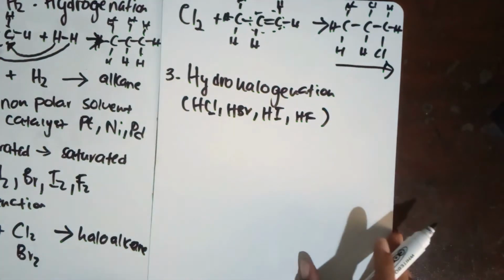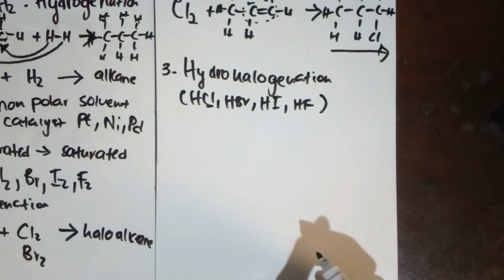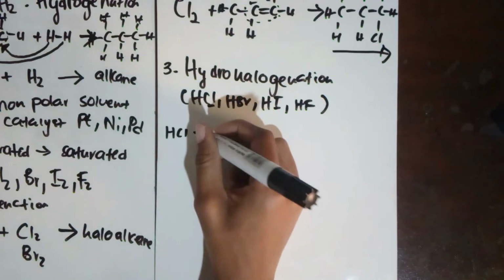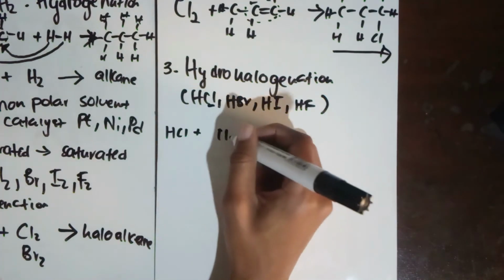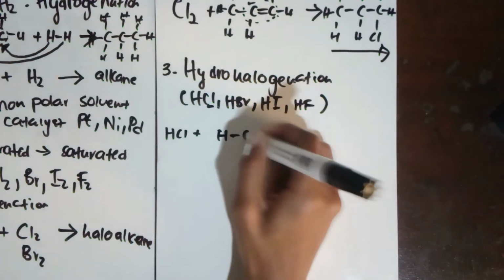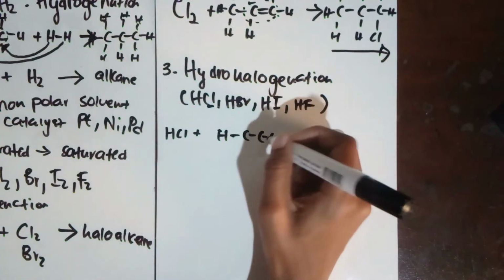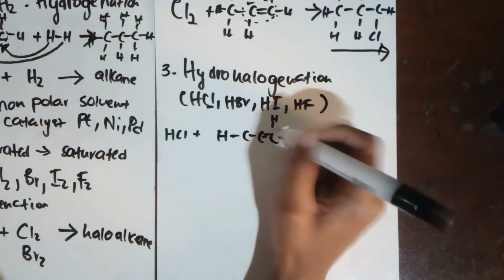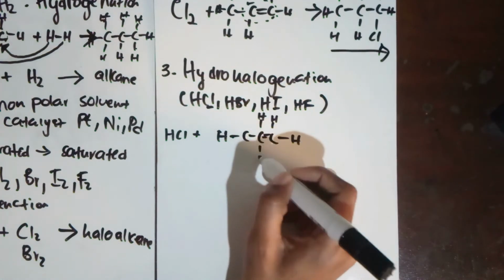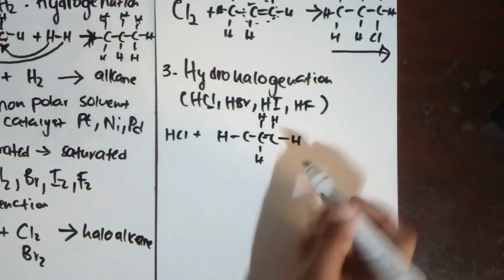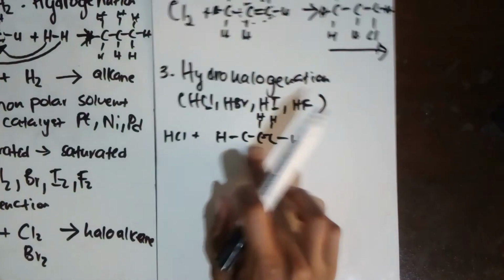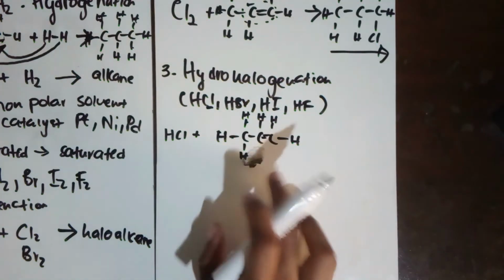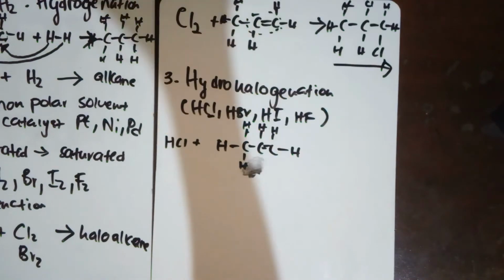So let us take an example. Let us say we're adding HCl, and we're adding it to propene still. So 3 carbons, there's a double bond there, there's H. I feel like I need more space, let me just start this on a different page, because now it looks very cramped, right?